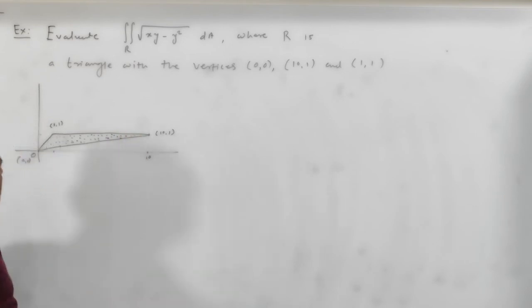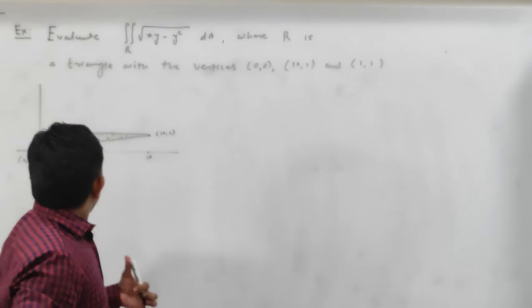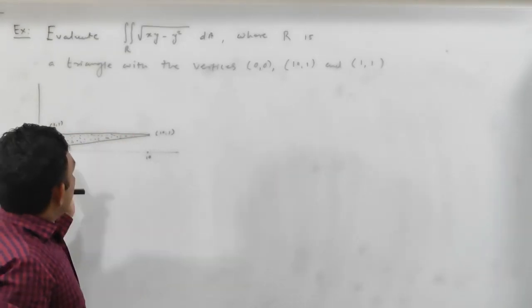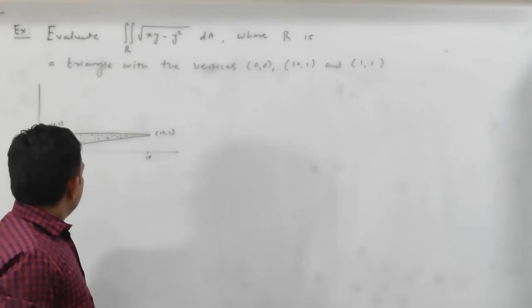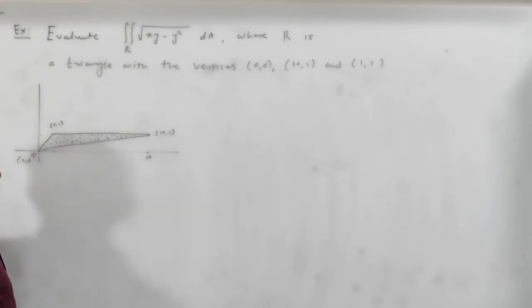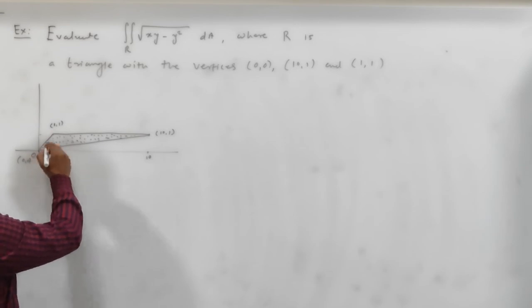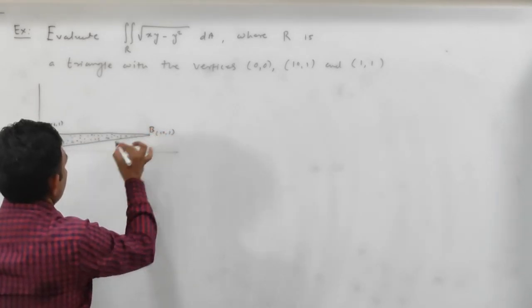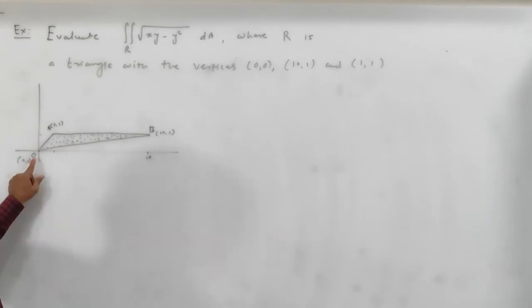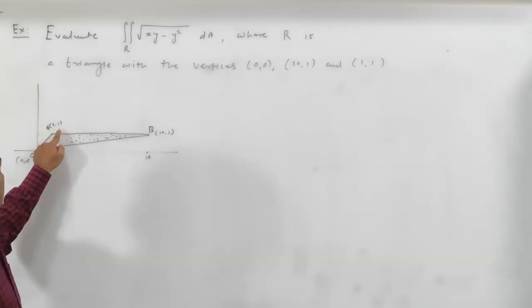Now the points of intersection of the curves are already given, but the equations of the curves are not given. So now it is easy to find. Let me say this point is A and this point is B. The coordinates of O are 0, 0 and of A are 1, 1.